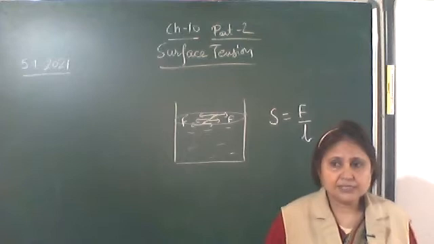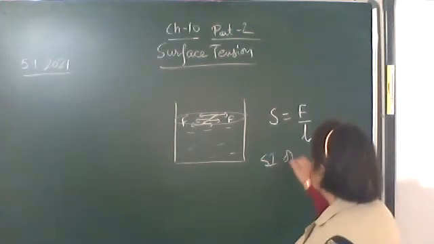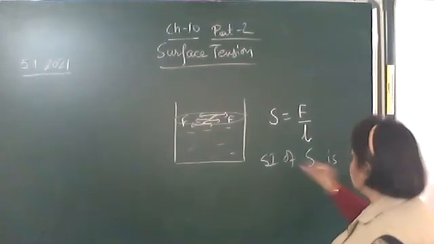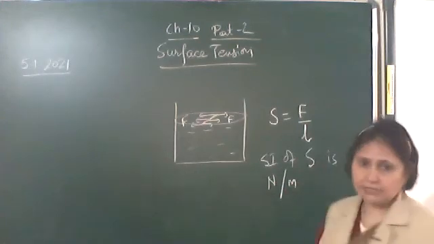Now we come to its SI unit. The SI unit of surface tension S is, as you can see from the formula, Newton per meter.